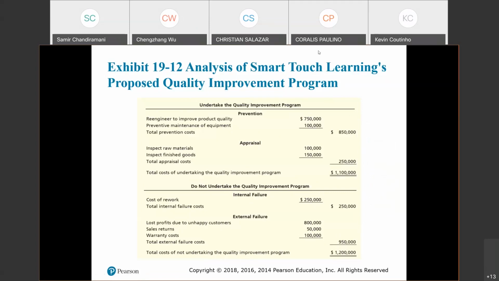That is the difference between this amount and this amount. The difference, as you can see, is $100,000.